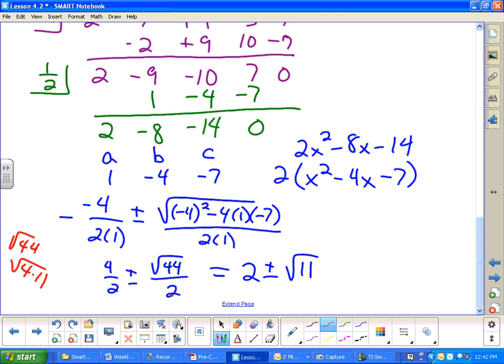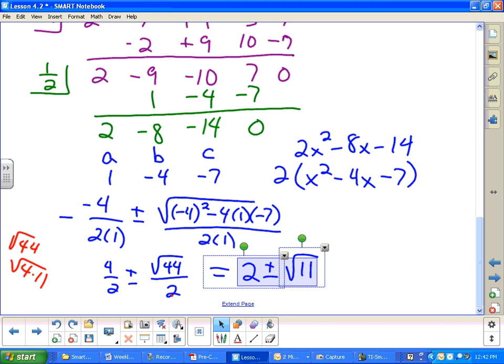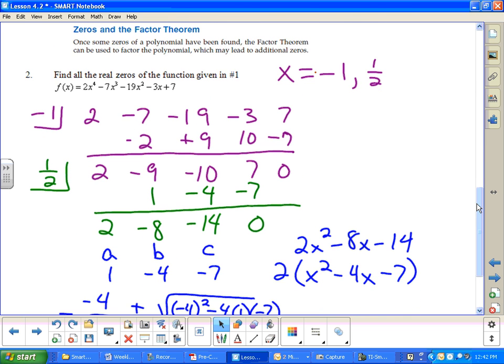Okay. So my zeros are then -1, 1/2, and 2 plus or minus the square root of 11.